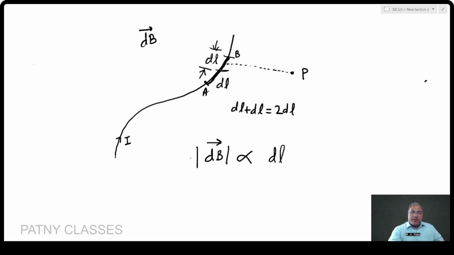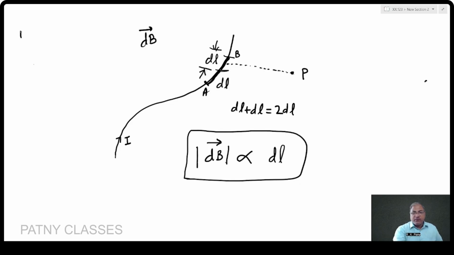This is the first factor of Biot-Savart law: in the statement of Biot-Savart law, the first factor is that the magnetic induction is directly proportional to the length of the element dl.